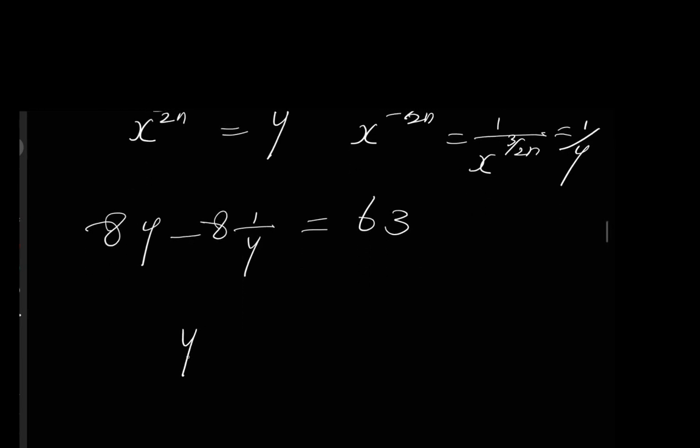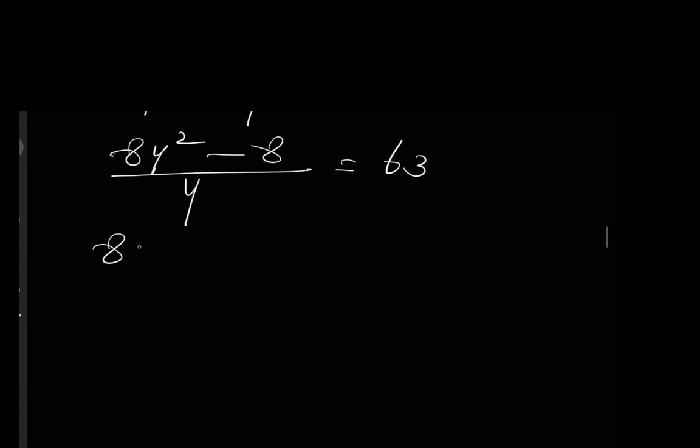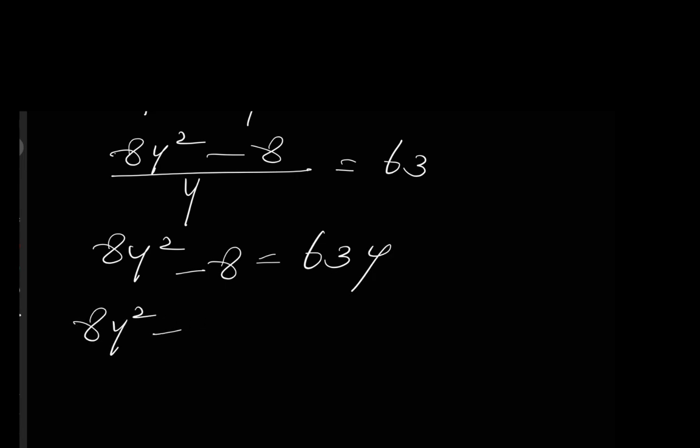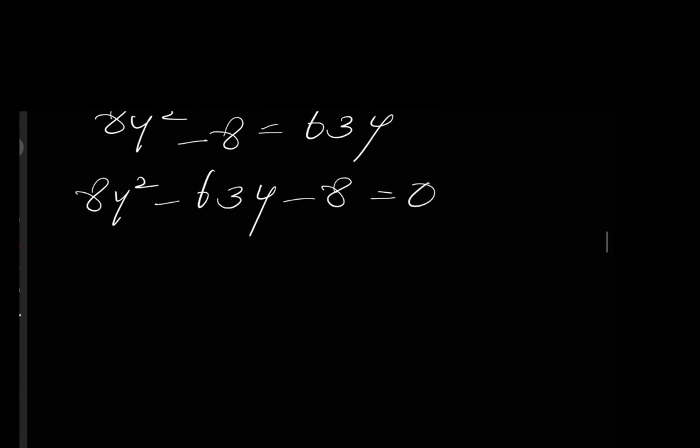Take LCM as y. So 8y squared minus 8 is equal to 63y. So take this 63y to the other side: 8y squared minus 63y minus 8 is equal to 0. So you have to solve this equation.